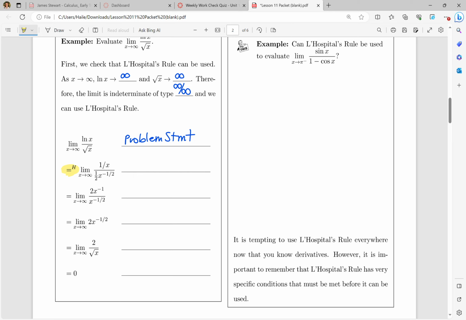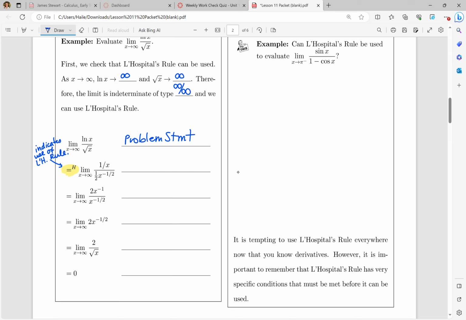That's just a really nice thing to do for your grader. I'm going to put a little arrow here that indicates use of L'Hopital's rule. Just put a little h over the equal sign. That'll also help you when you're looking back at your own work. You'll realize exactly where you took the derivative.